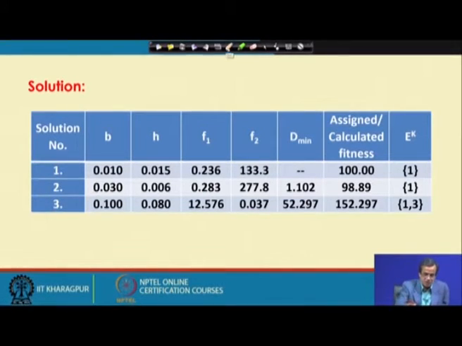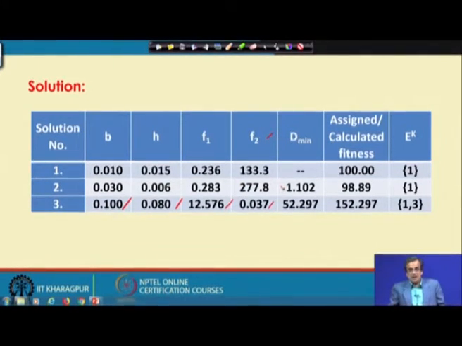And now, I am going to concentrate on the third solution. For the third solution, the b and h values are selected at random, that is b equals 0.100 and h equals 0.080, and the objective function values f1 and f2 are calculated like this.